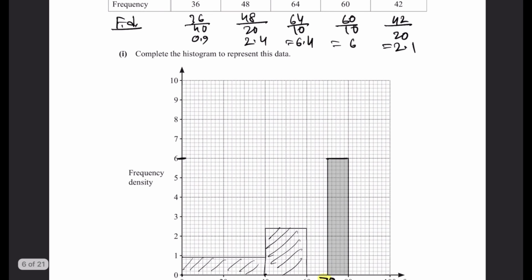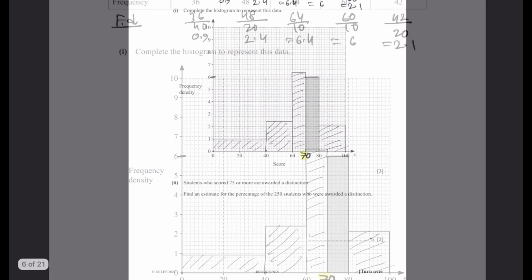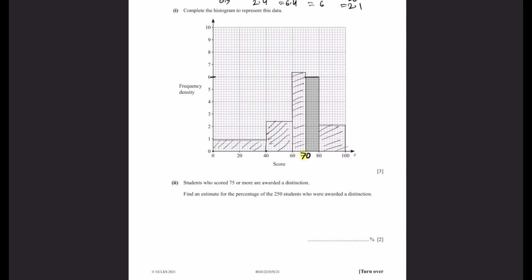Then 60 to 70 is 6.4, then 70 to 80 is 6.4 as well. Then 2.1 for 80 to 100.